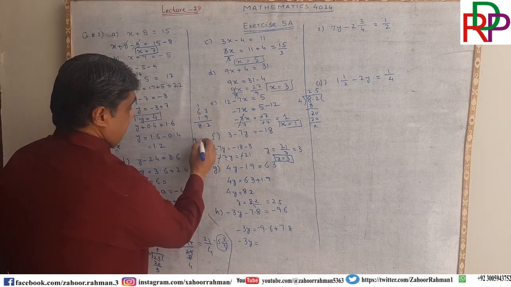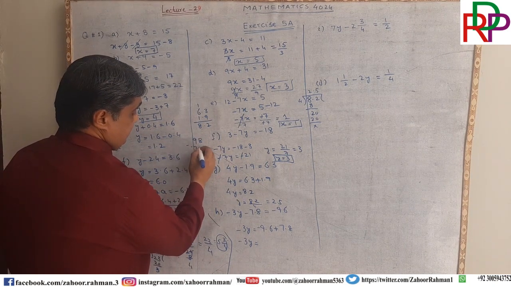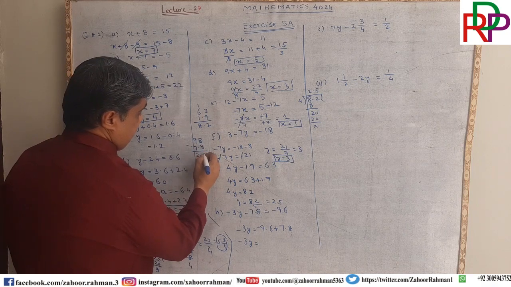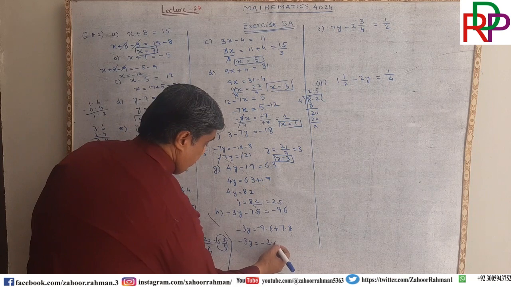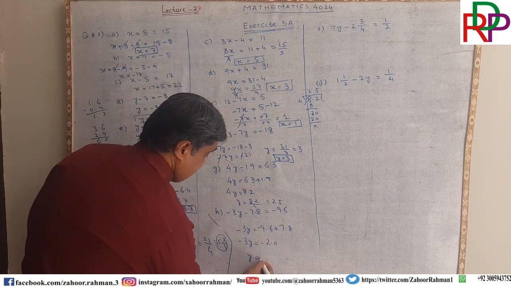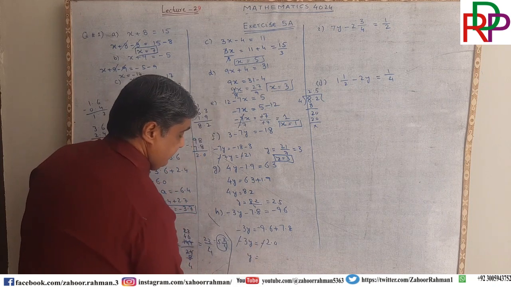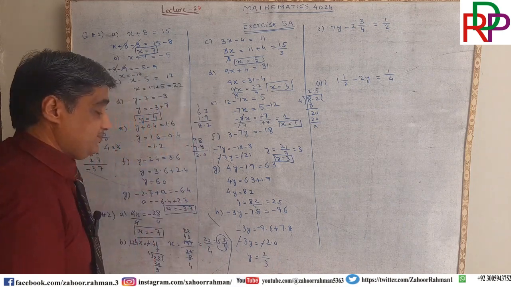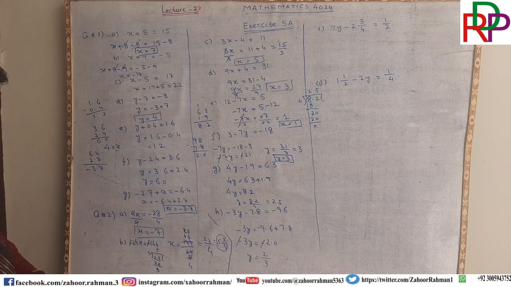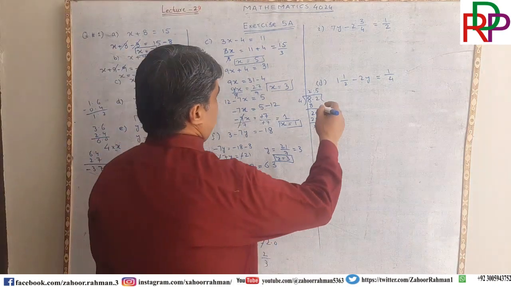So from 9.6 we have to subtract 7.8, and that will be 1.8 with negative symbol. So y is equal to this minus will be cancelled with this. So 1.8 divided by 3. It is not divisible. If you are dividing it, you can divide it and then get the answer.